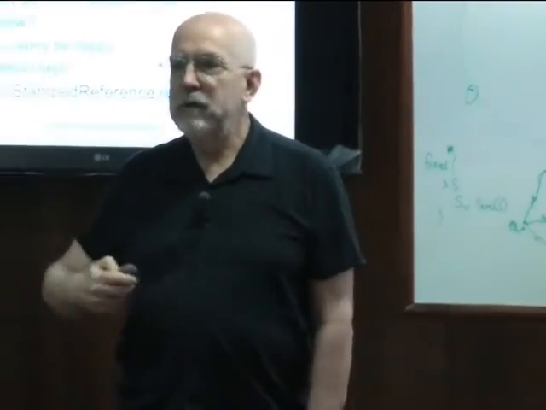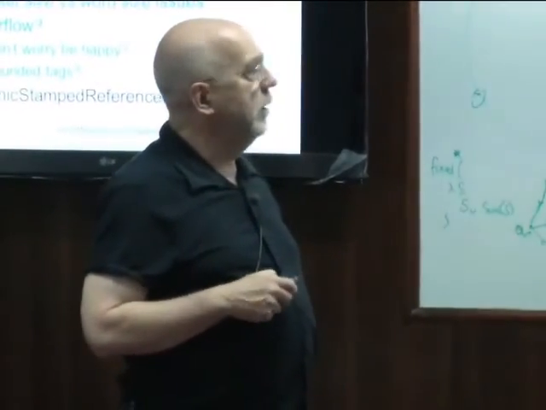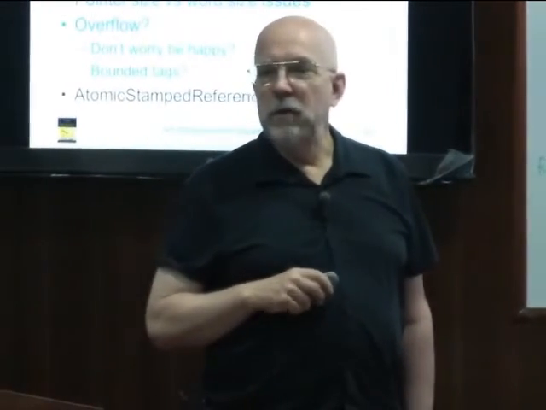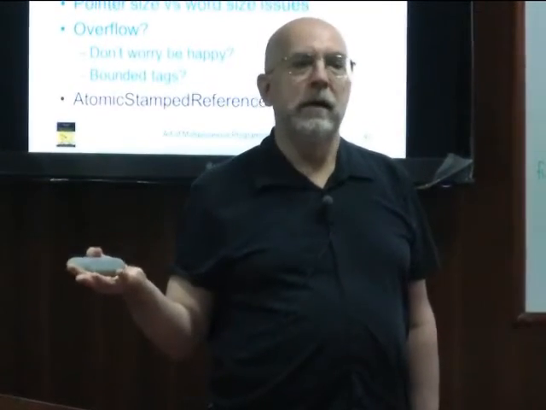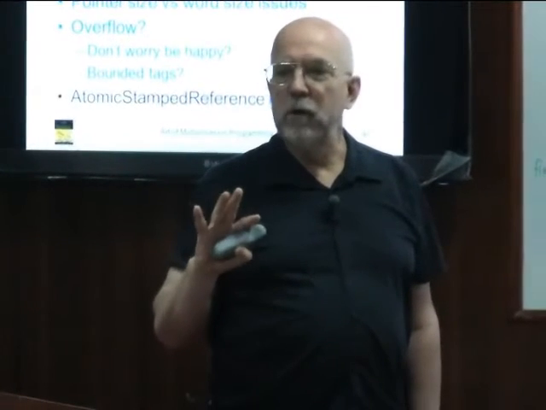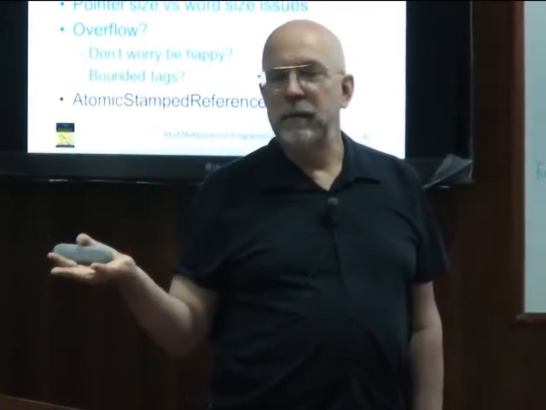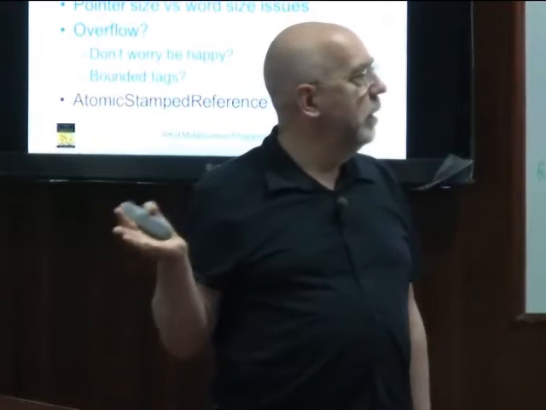And every time you recycle that data, you increment the counter. So the pair of counter and reference are unique, even if the reference is the same. And you can say, well, what happens if the counter overflows? Well, like every overflow problem, maybe it won't overflow in your lifetime. You don't have to worry about it. Maybe it will. Depends on the context.